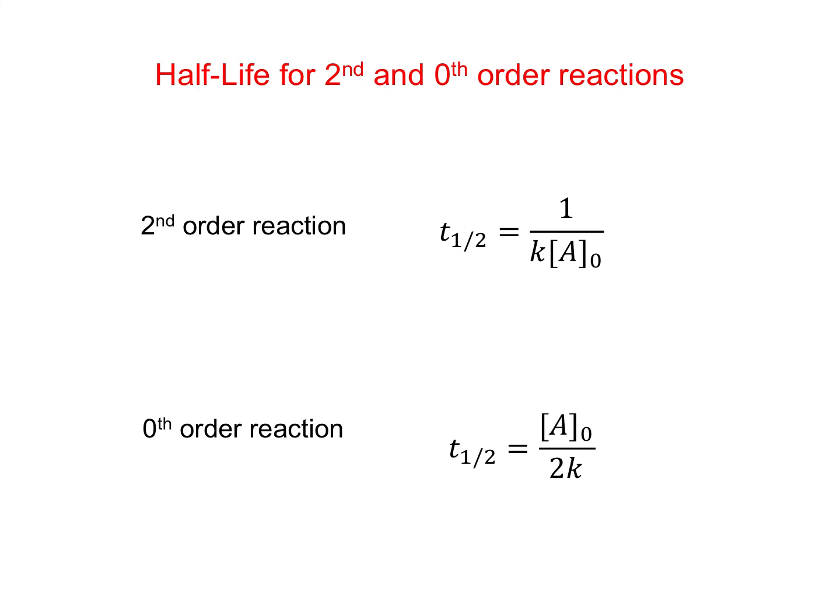Okay, and then I've given you here the expressions for the half-life of a second-order reaction and a zeroth-order reaction. Let me go ahead and write the expression for a first-order reaction again.